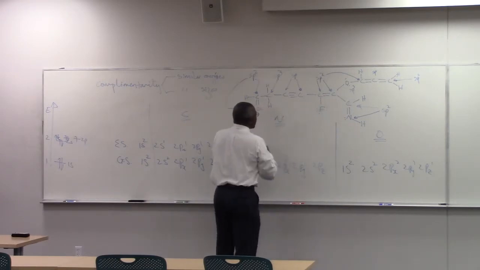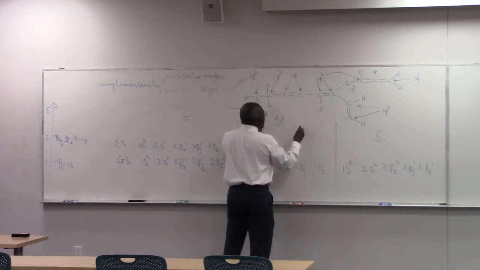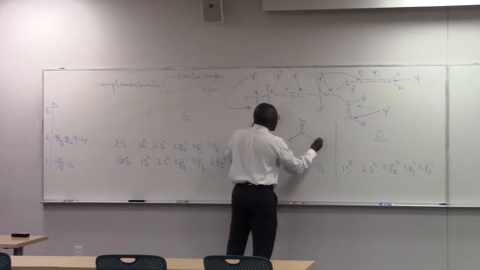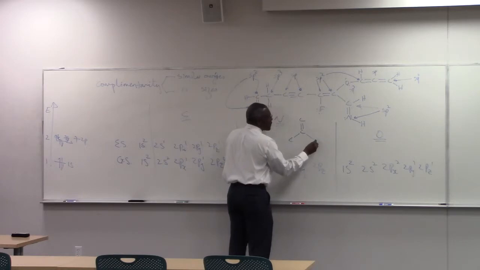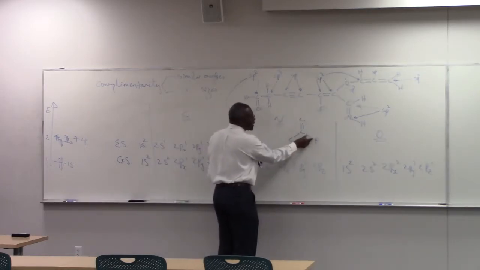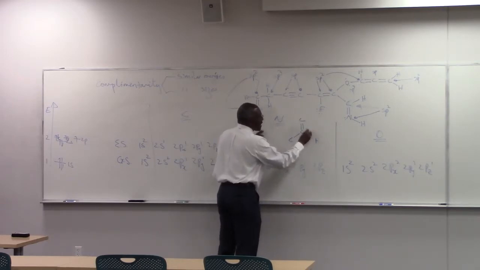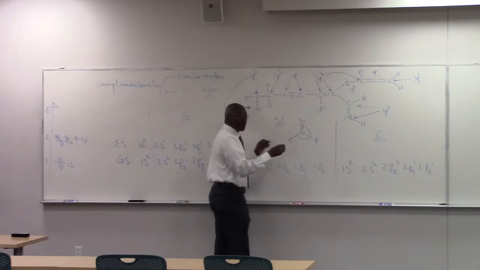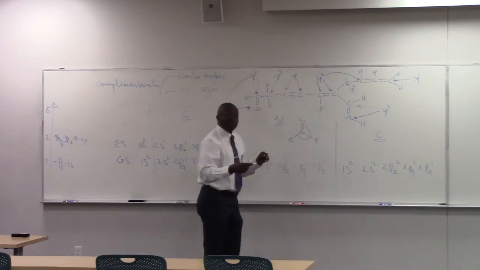So you can imagine here's a carbon, and it's doubly bound to a carbon here, it's bound to another carbon here, and it's bound to the fluorine. So if the fluorine bonds via an sp3 hybrid, this bond gets short, which means the distance between these electrons and those gets shorter. So there's a lot of repulsion.